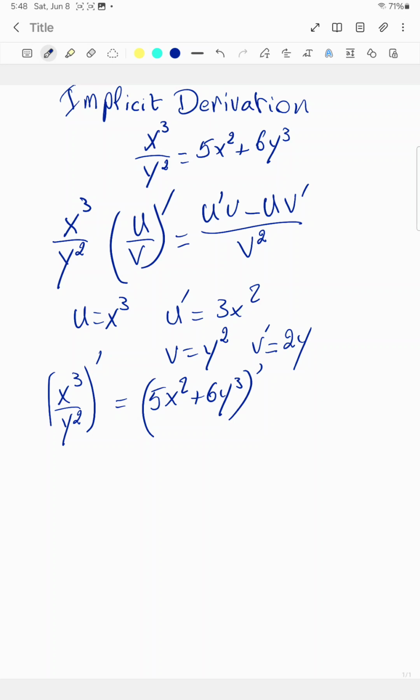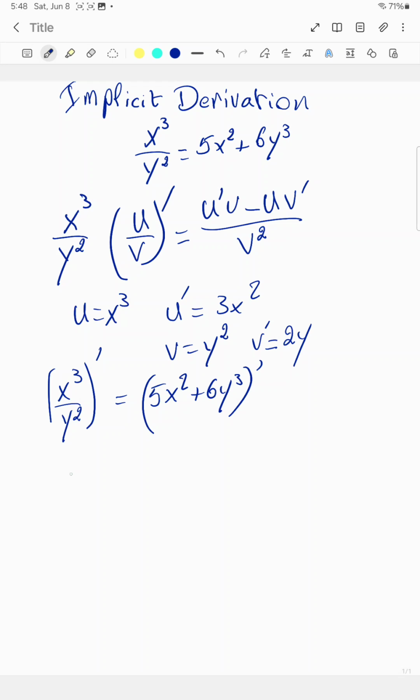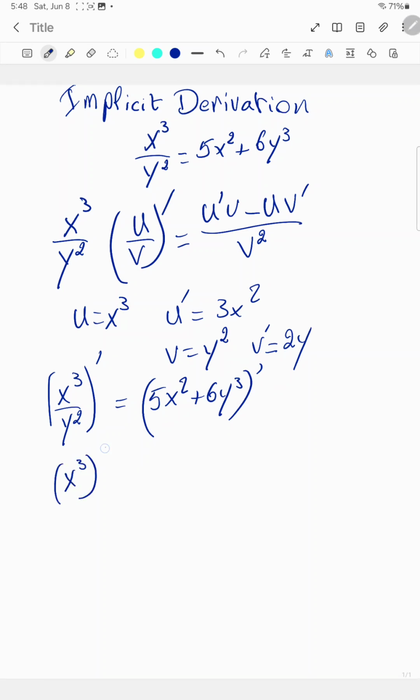So what I do is u prime v, the left hand side, x to the power of 3 prime times v, which is y to the power of 2, actually minus, not plus, u v prime, which is y to the power of 2 prime, divided by v squared.